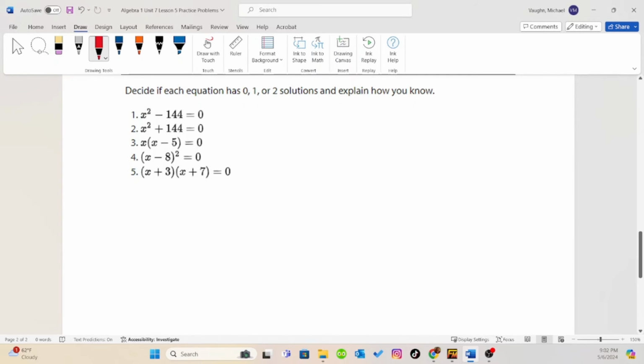So if you think about this logically, by adding 144 to each side, we would have x squared equals 144. By taking the square root of both sides, we would find out that x equals positive 12 or x equals negative 12. So this has two solutions.